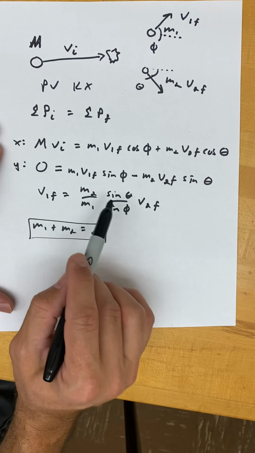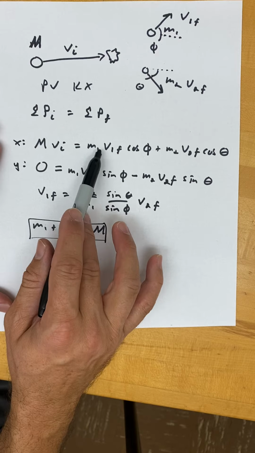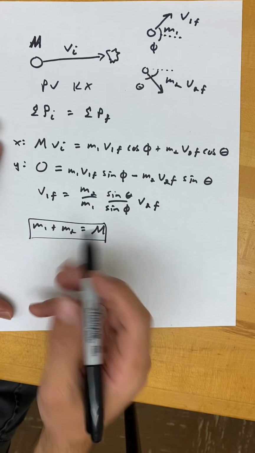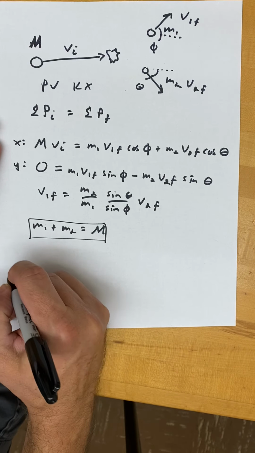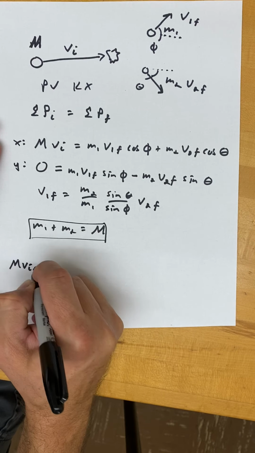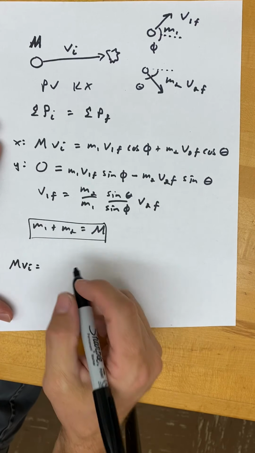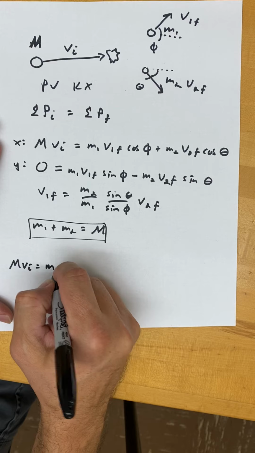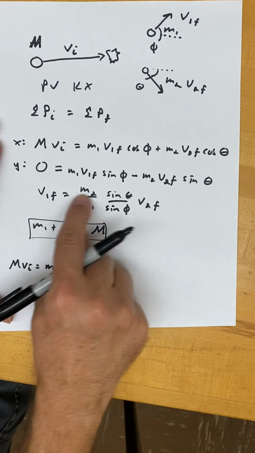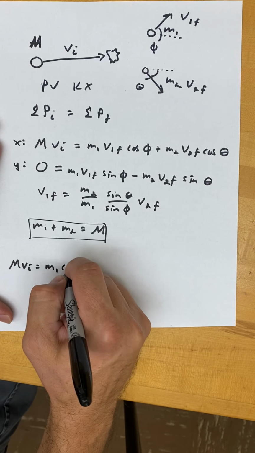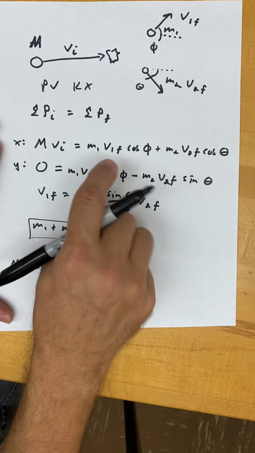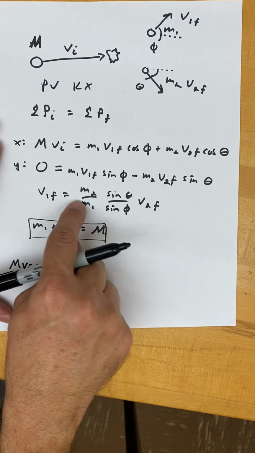Once I have this value for V1 final from this expression, of course, I can go up to this one and substitute that in. And what I'm going to get is M V initial is equal to M1 times V1 final, all this. I'm going to write the cosine phi. That's these two. And then V1 final is all of this.